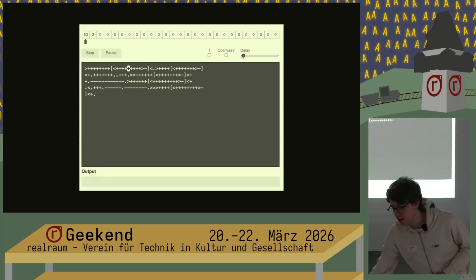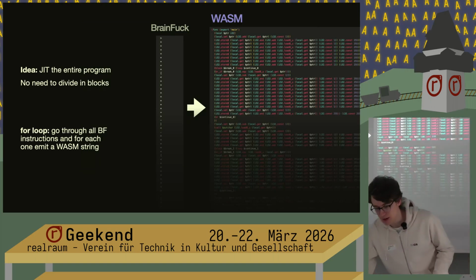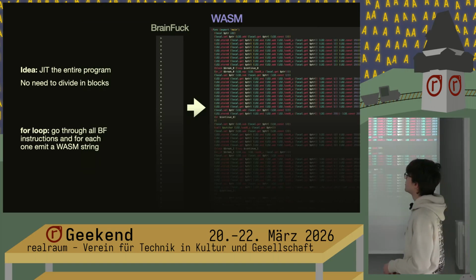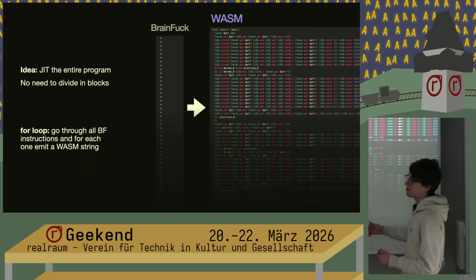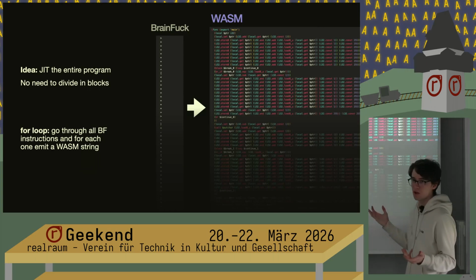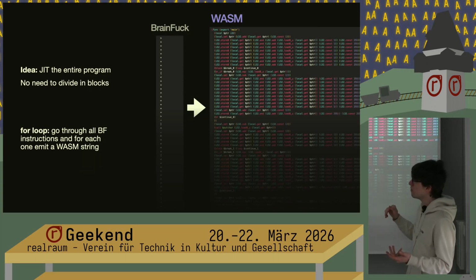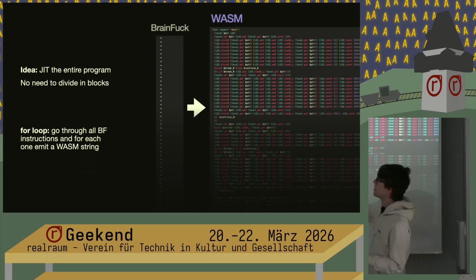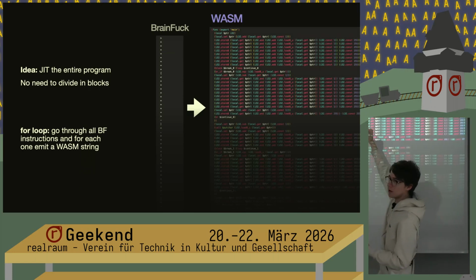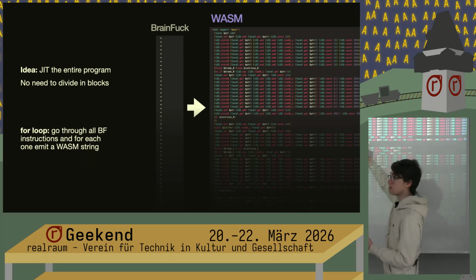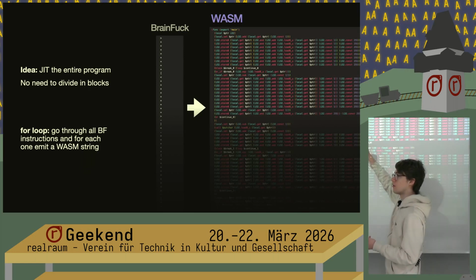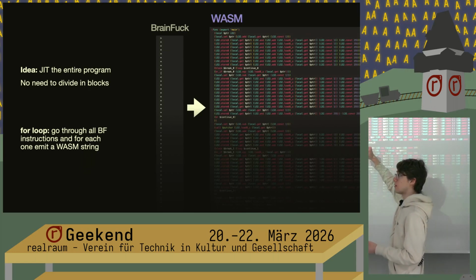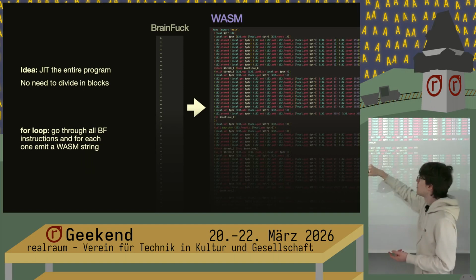And so the idea for building a JIT for this is that we can pretty much ignore the problem with blocks and just JIT into our program. And we can just build a for loop that goes through each Brainfuck instruction, which are 8 instructions, I think.